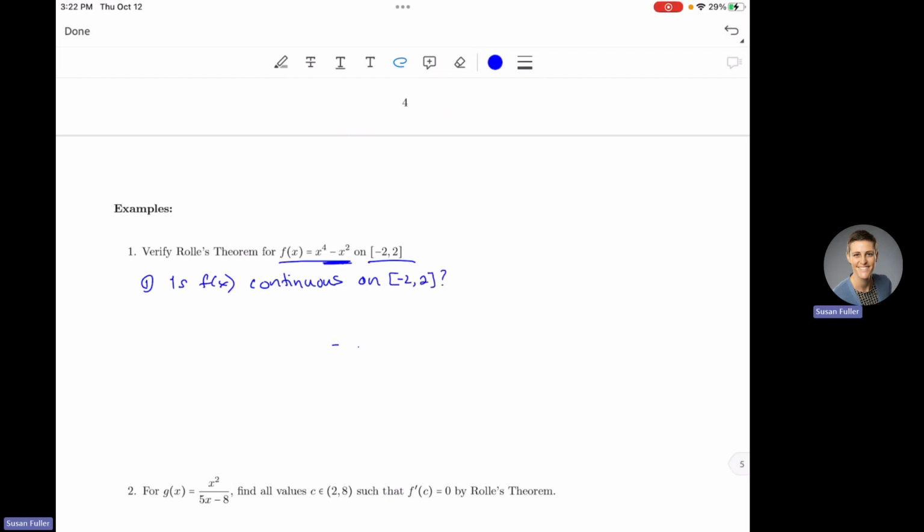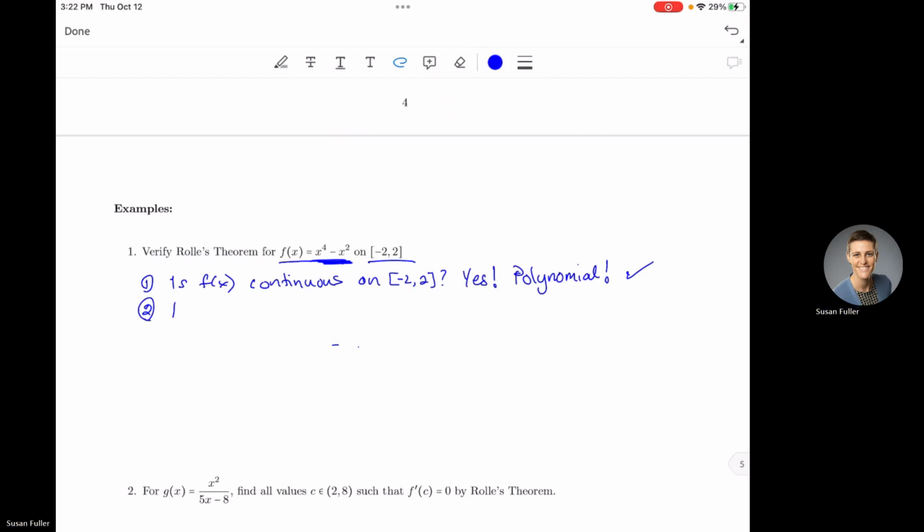Is this function continuous everywhere there? Yes, it's a polynomial. Polynomials are continuous everywhere. So that means it's continuous from -2 to 2. So that's a quick check.